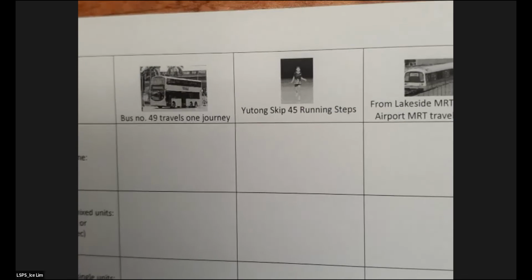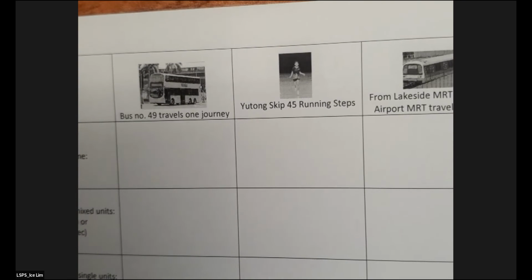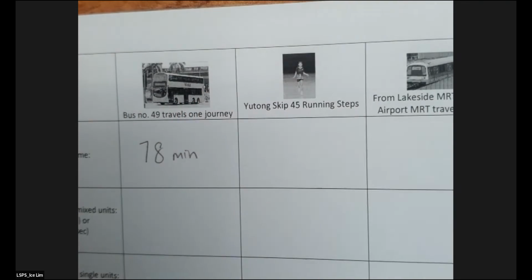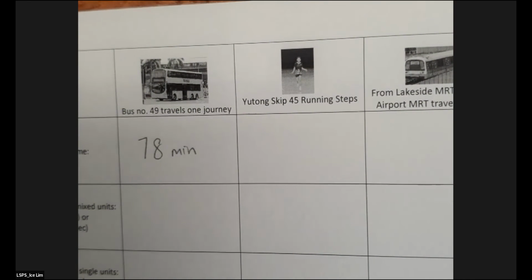All right, then after that, you have bus 49. This one is the confusing one. 78 minutes. One journey around Lakeside Primary School and to the terminal station at Jurong East.